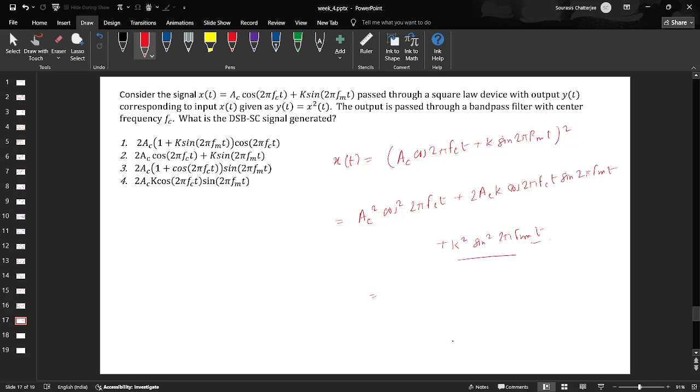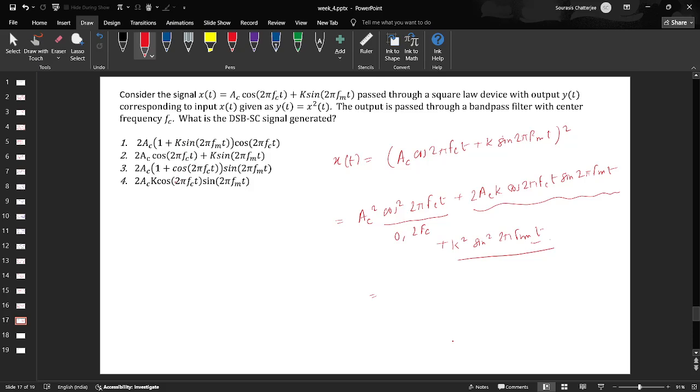This one is clearly a baseband component far away from center frequency fc, so this will not pass. This one here is going to generate a baseband component and another high frequency component around 2fc, so it is also not going to pass. The only thing that is going to pass is this one here, 2 Ac k cos(2πfct) sin(2πfmt). So this is your DSB-AC signal.